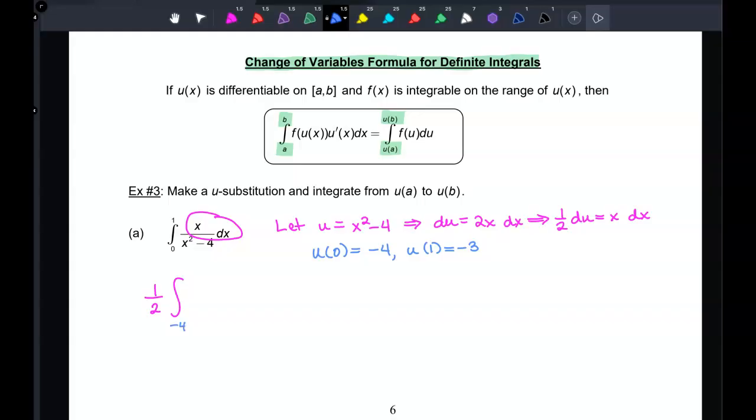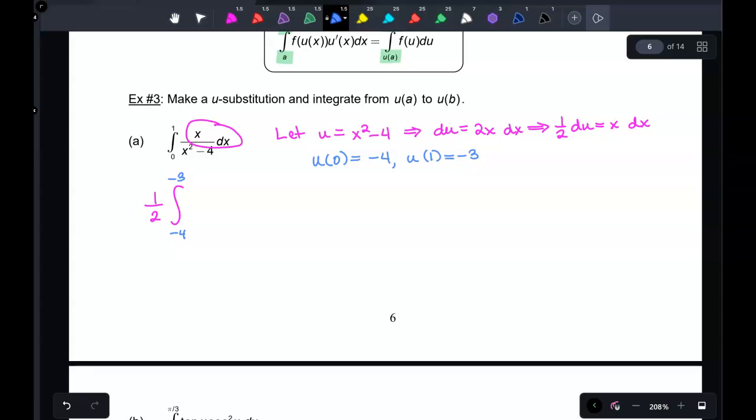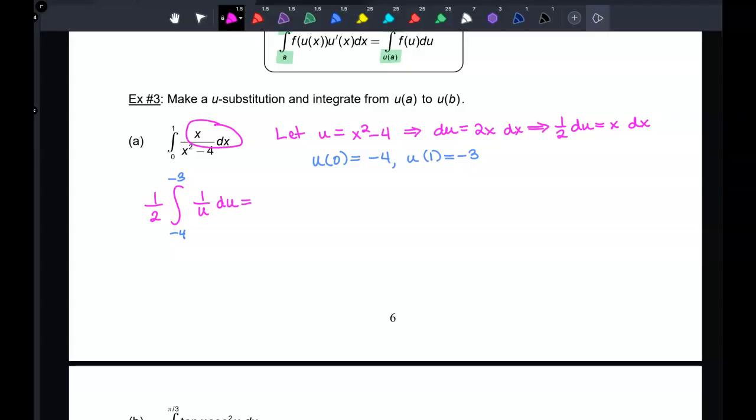So my new limits are from -4 to -3. That's the key part. Do you see that? It simplifies our problem because the nice thing about u substitution with the limits is I don't have to go back and plug in my original value of x squared minus 4.